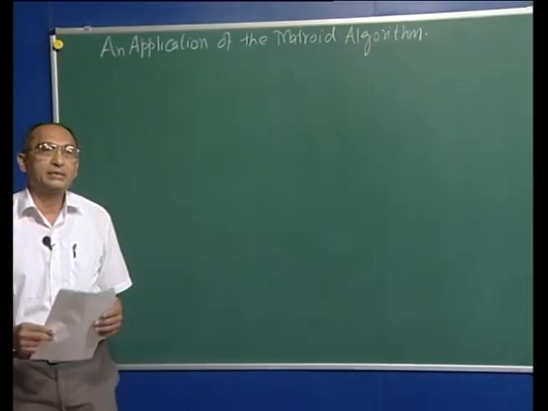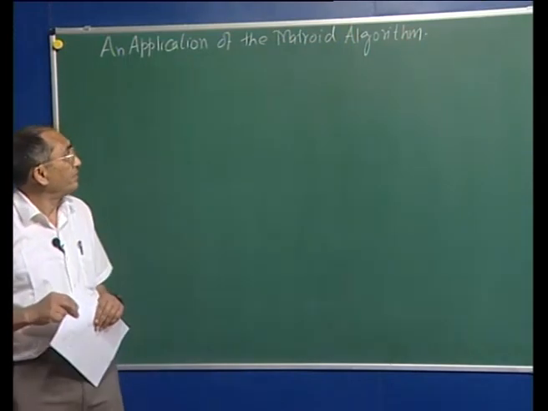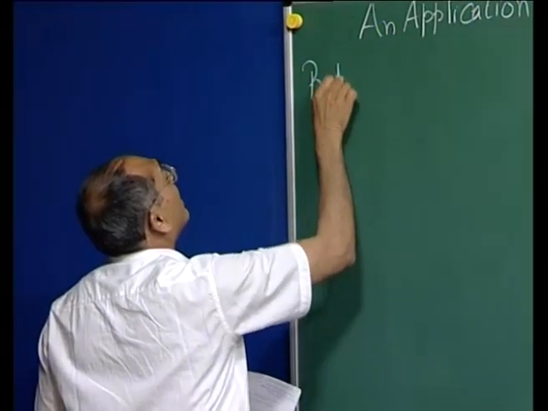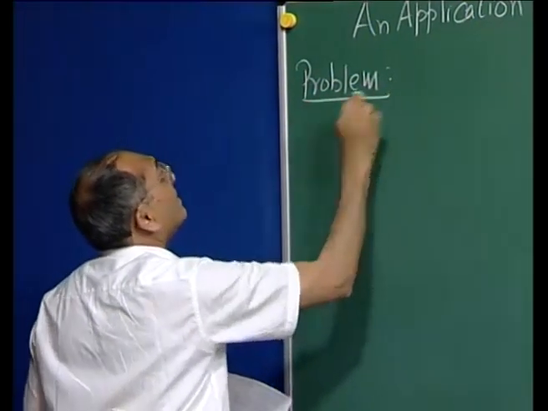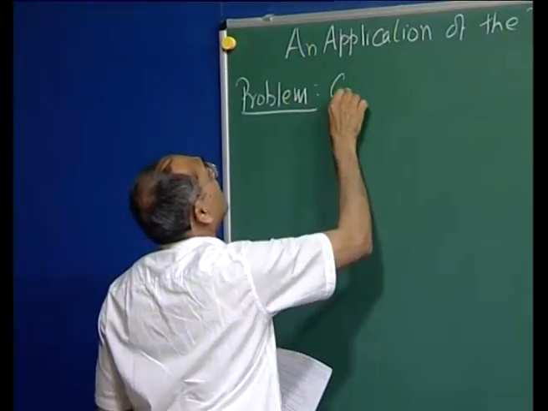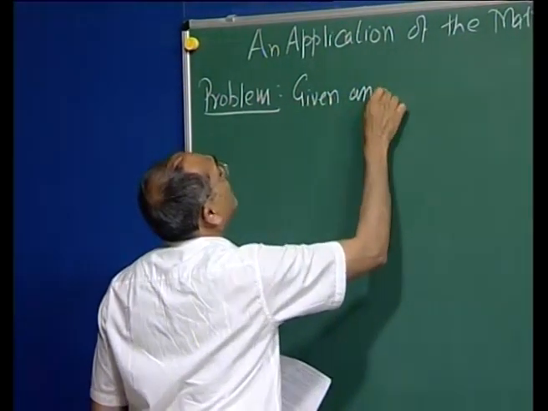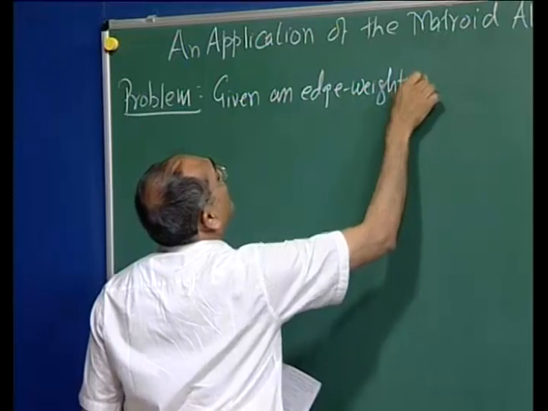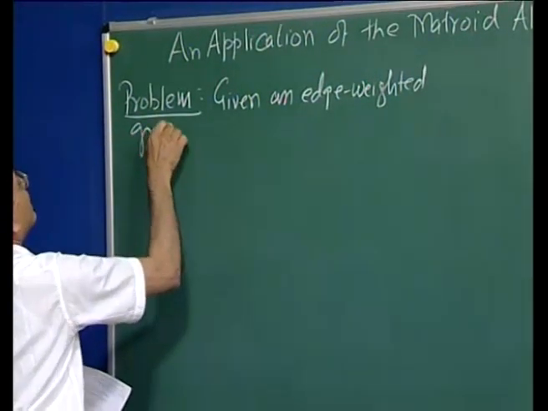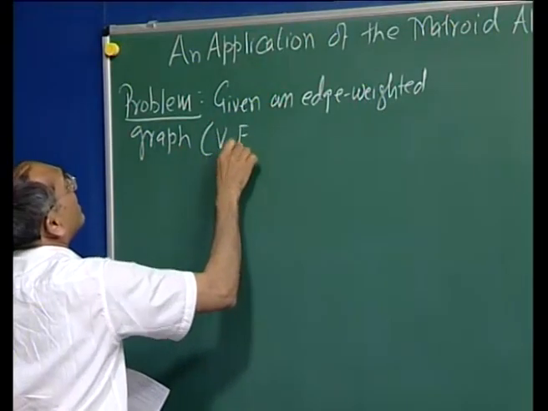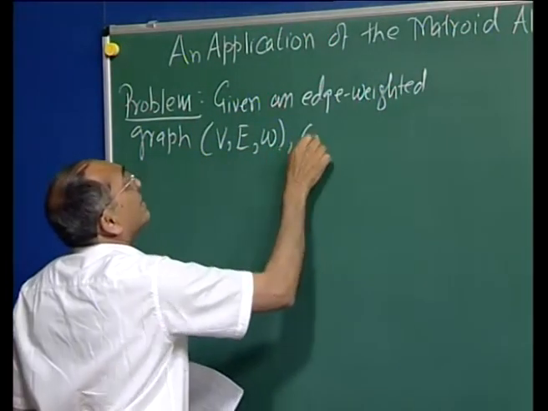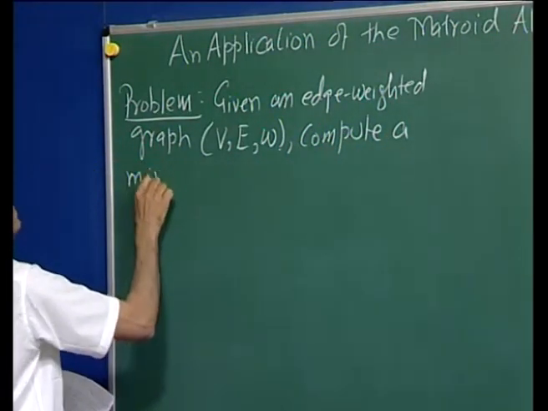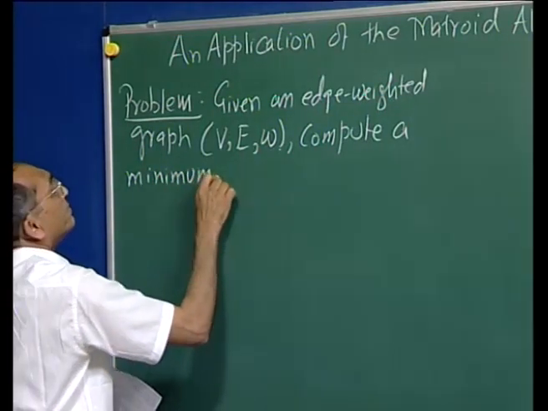Hello. Today we will discuss an application of the matroid algorithm that we had studied in the last lecture. Recall that we had described the problem which was, given an edge weighted graph, compute a minimum spanning tree.